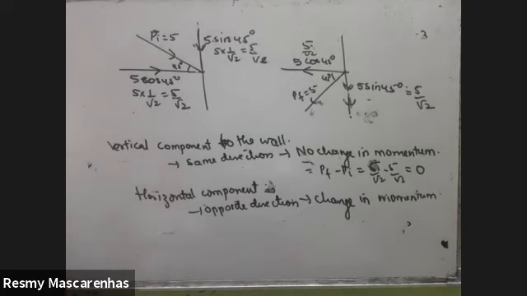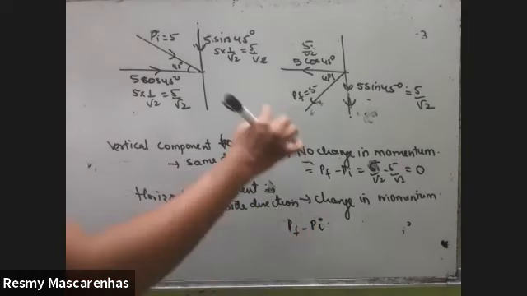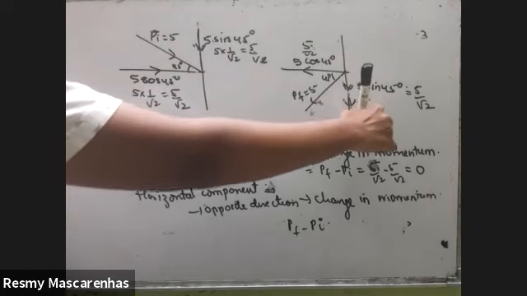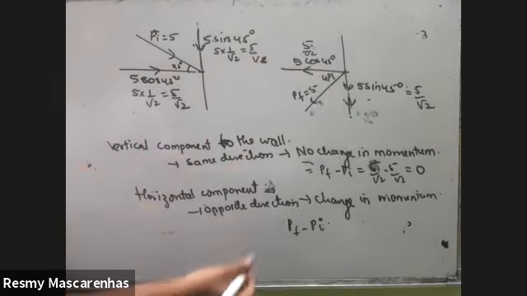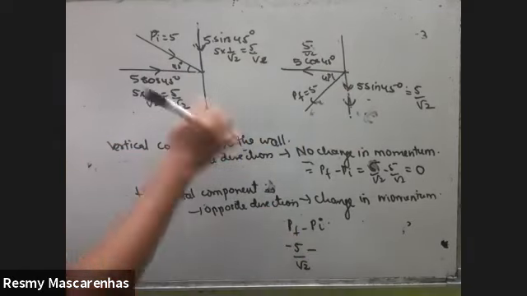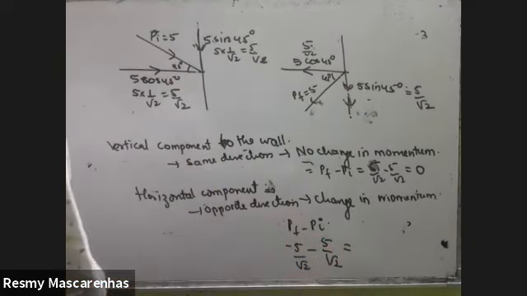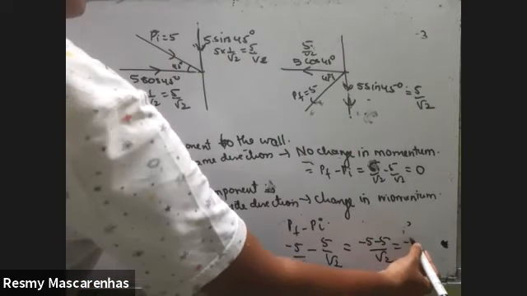For the horizontal component, what is it? PF minus Pi. Final is how much? Opposite direction, it is going the other way. So we have to take it as minus 5 upon root 2. This will be plus 5 upon root 2. How much will it be? Minus 5 upon root 2 minus 5 upon root 2, that is minus 10 upon root 2.